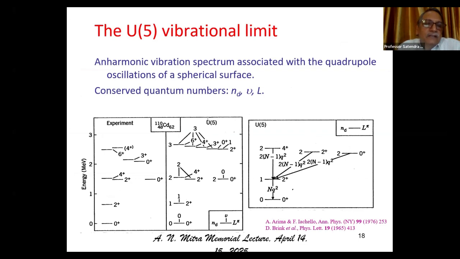On the left-hand side, the experimental energy levels are from experiment, while on the right-hand side of the first figure it is the U5 limit. Here N_d, nu, or L pi represent the properties of every state. Like if it is 0 plus, then 0, 0, 0 plus, then 1, 1, 2 plus, and so on. Next slide, please.